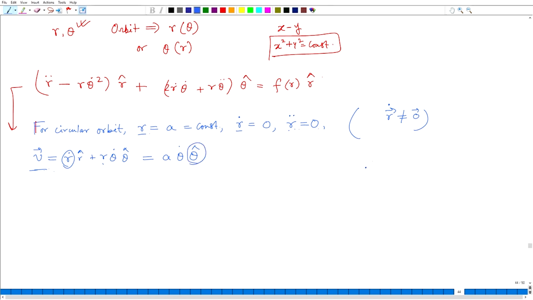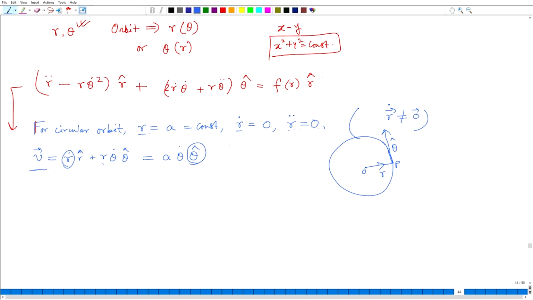So, if you have a center and a particle is moving in a circle, the velocity is always tangential. So, the r cap direction is OP, and this is the theta cap direction. Okay. So, you see all these things can be recovered, the things which we experience every day.